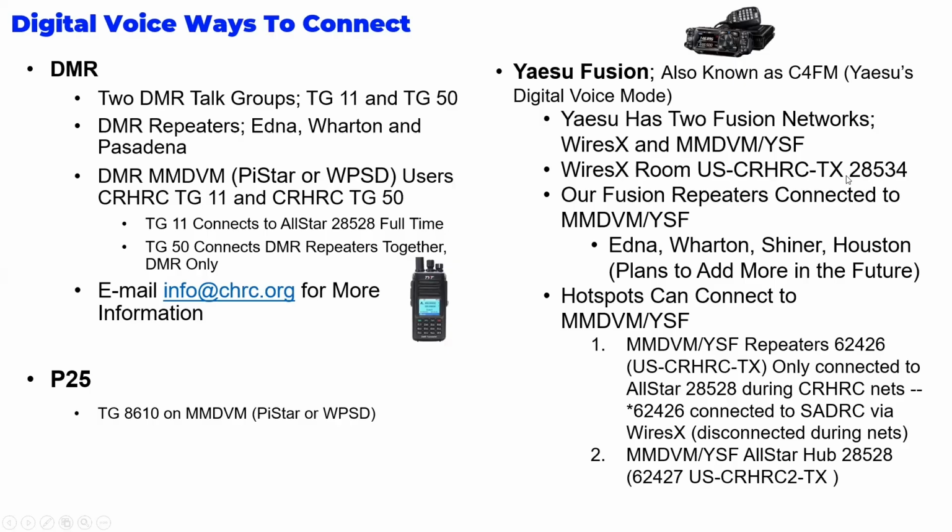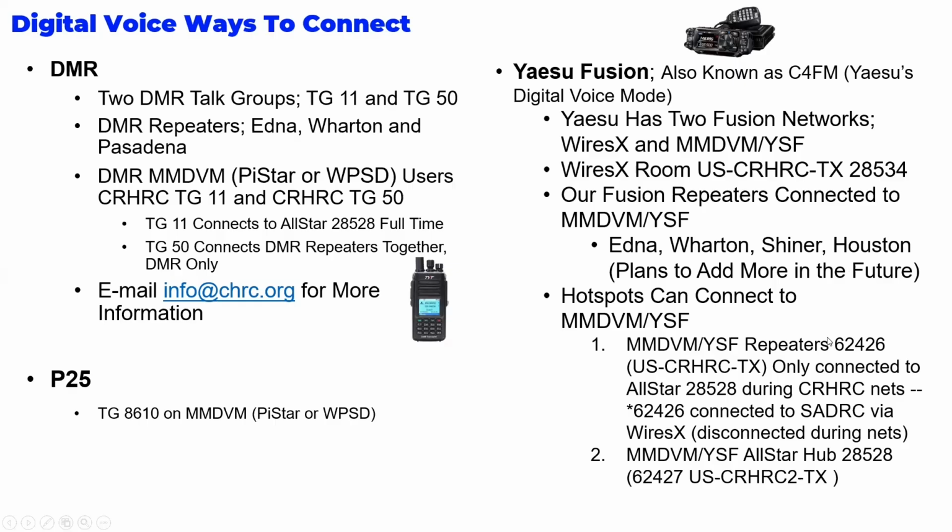Okay, so we have multiple YSF repeaters, fusion repeaters, which is YSF. They're connected through the MMDVM YSF network, and this Crossroads YSF network is 62426.